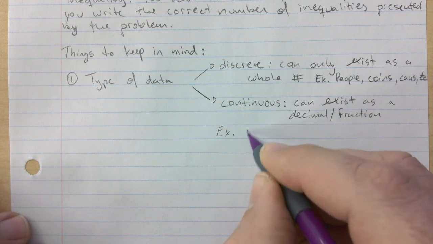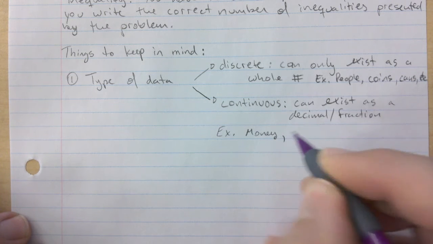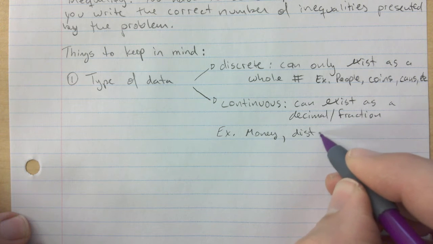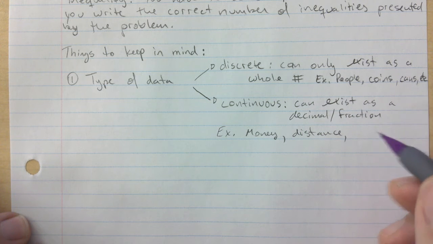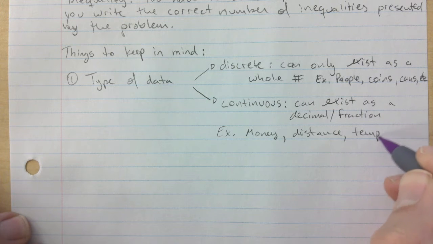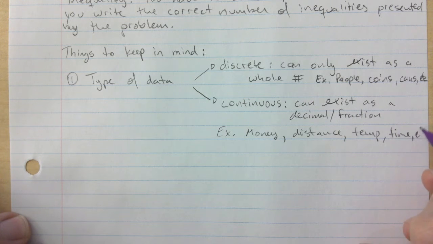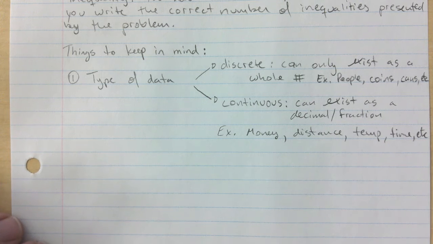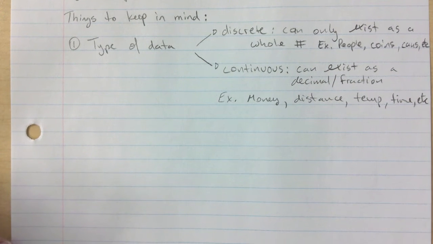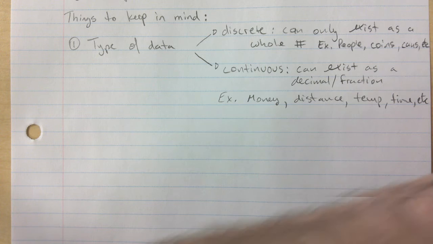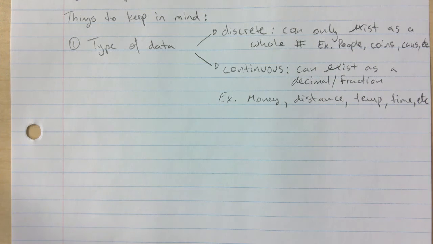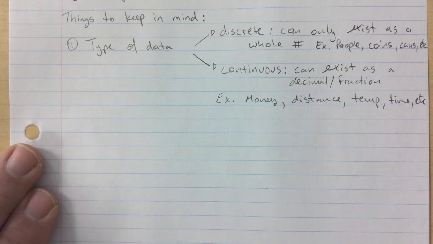Examples: money, distance, temperature, time, etc. So sometimes you're going to have to round because the question implies that it's discrete, like they're asking you how many, the number of cans or the number of whatever. And sometimes you can just leave it as a decimal or fraction. So that's something you need to remember.